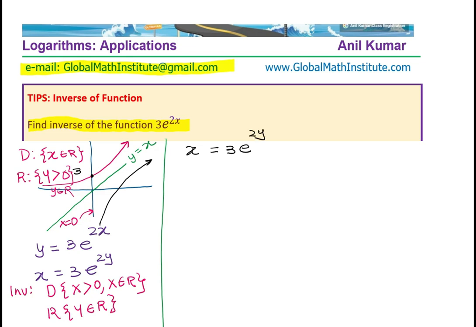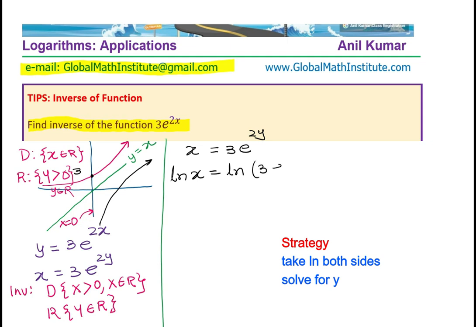Idea is to get the value of y. So we'll take log both sides. Whenever you are working on e, take log to the base e, which is natural log, ln. So we get ln x equals ln of 3e to the power of 2y.